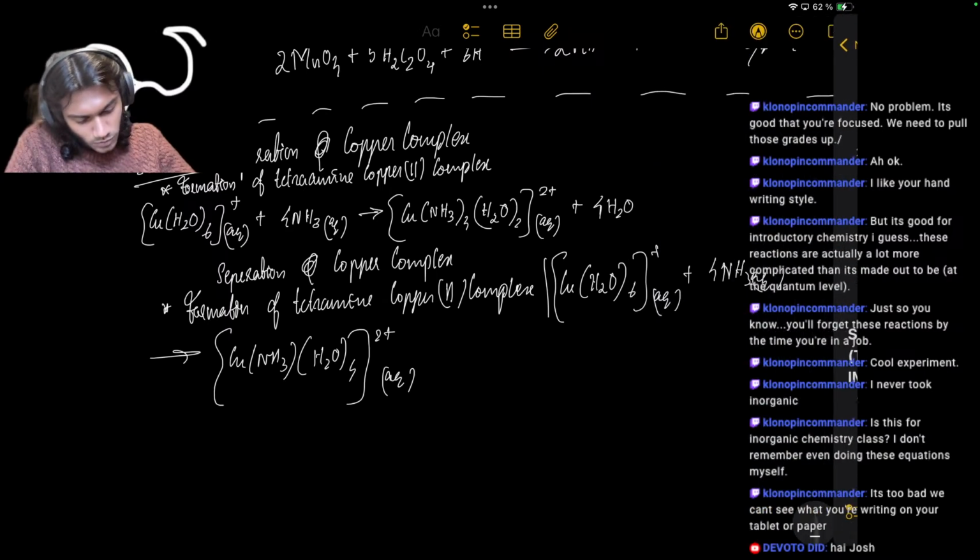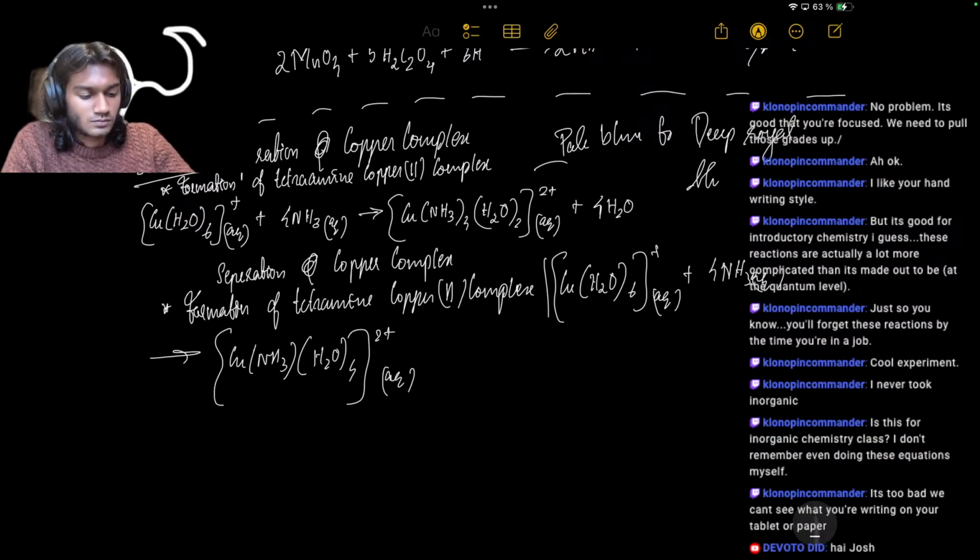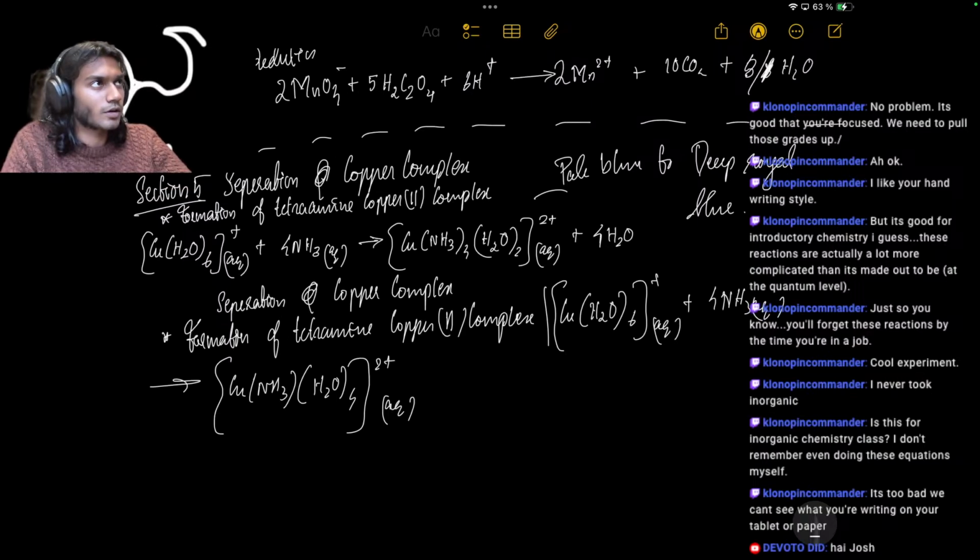Pale blue to deep royal blue. I don't know if you could see that jitter whenever I write something. Okay, now it's working pretty good, but I wrote an M, and it came a bit late.